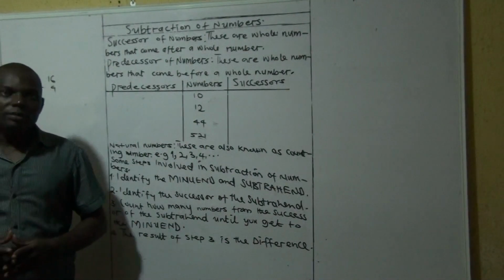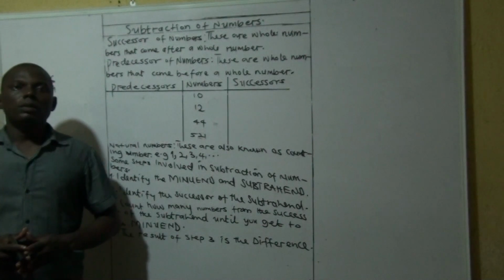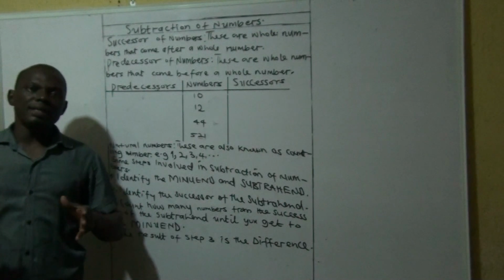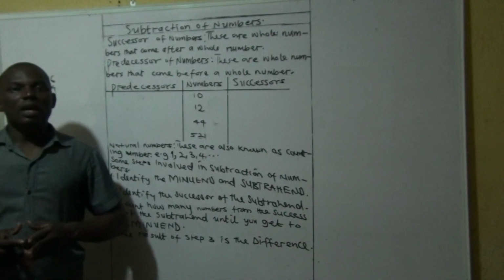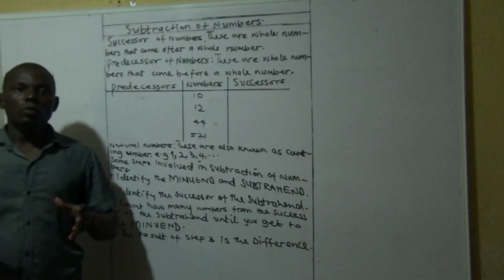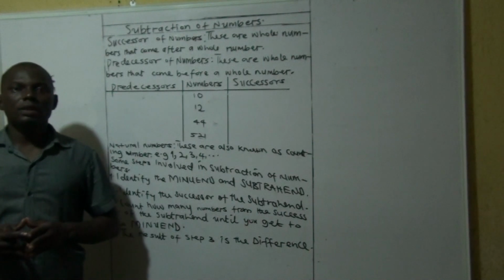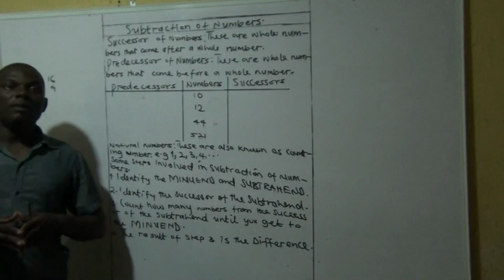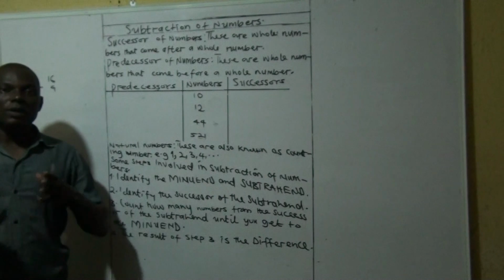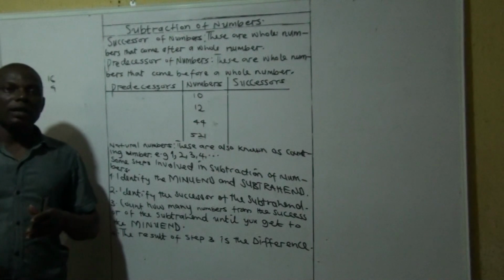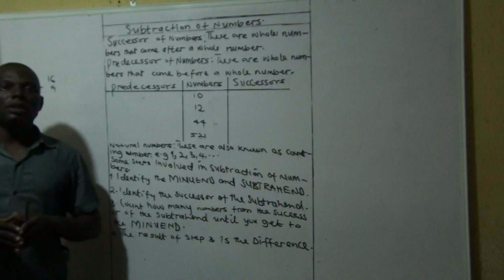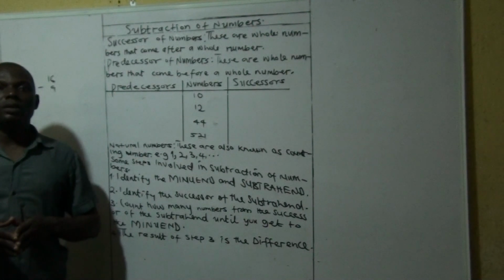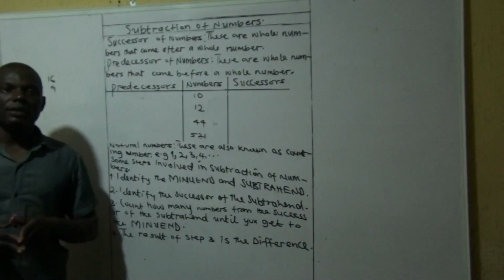Once again, we're going to look at something on subtraction. In our last class, we looked at some ways of handling subtraction of whole numbers without having difficulties. We're trying to see how we can teach our kids or children how to handle problems on subtraction of numbers.